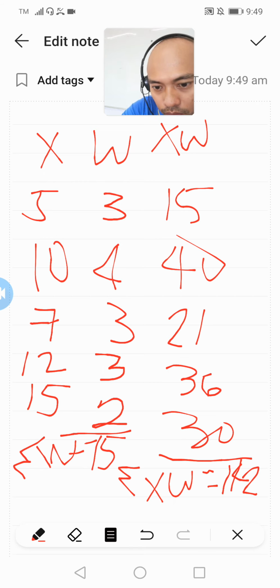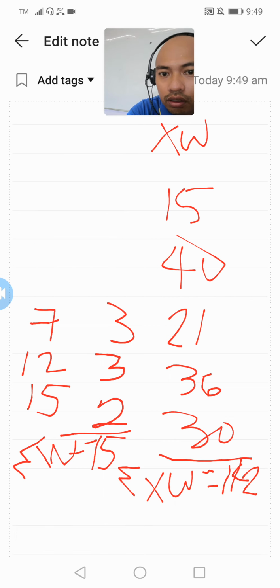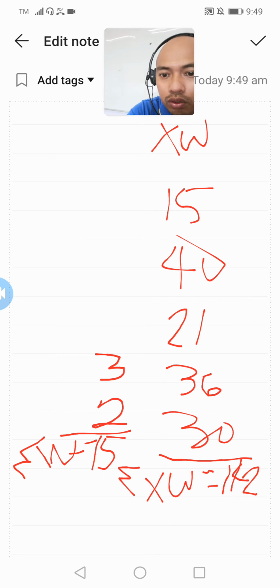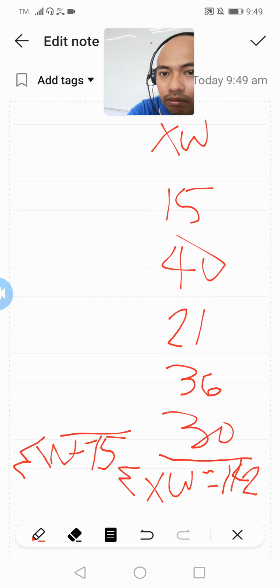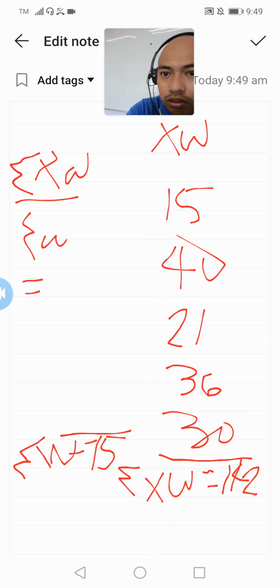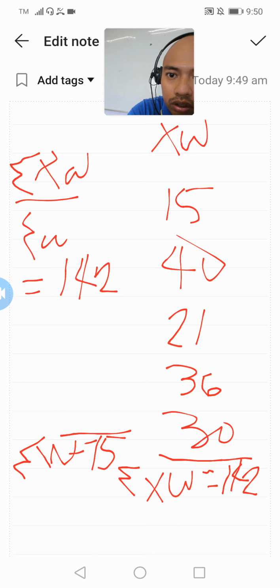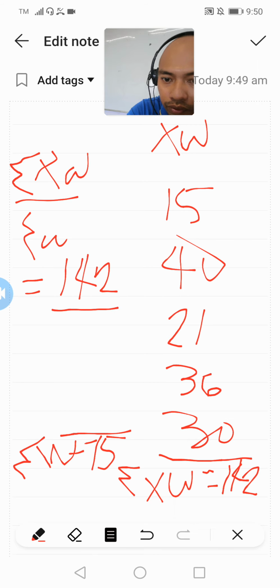So what is the value of the weighted arithmetic mean that we are presenting? As we said a while back, the weighted arithmetic mean is defined as the summation of XW divided by the summation of W. So the summation of XW is 142, divided by 15.